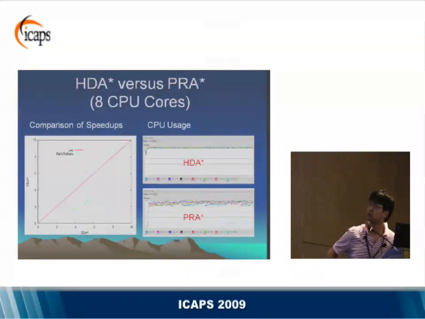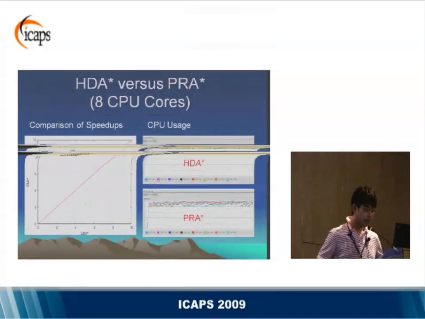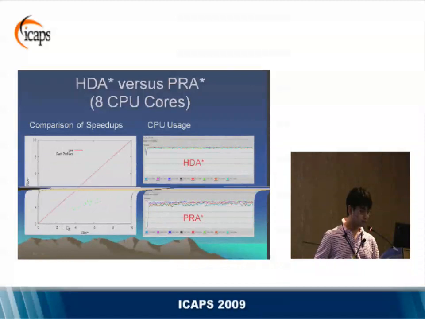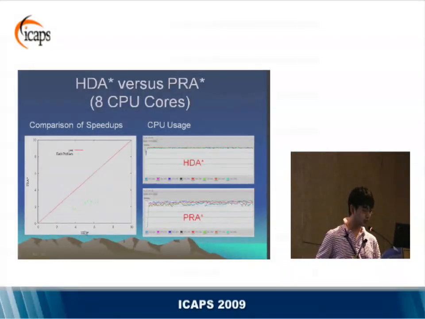And I also compared the performance of HDA* against PRA* by using the CPU cores. This is the speedup for HDA*, and this is the speedup for PRA*.